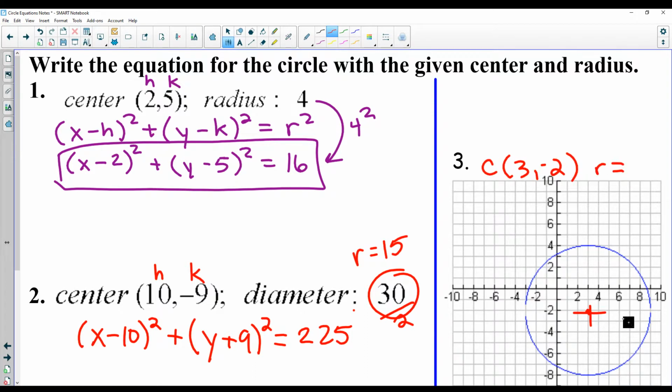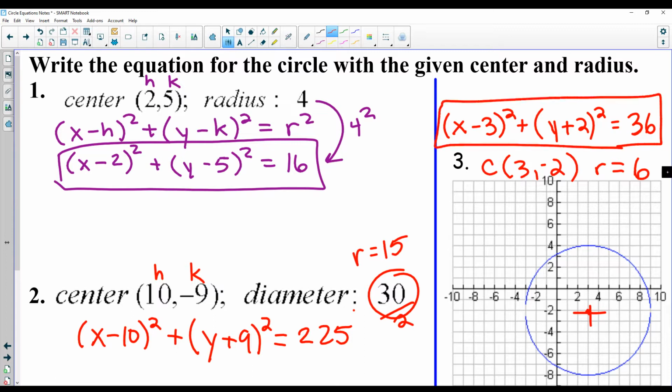And the radius, 1, 2, 3, 4, 5, 6. Let's just make sure we were in the center. Yep, 6 on both sides. So let's write the equation. x minus 3 squared plus y plus 2 squared equals 36. And that's it.